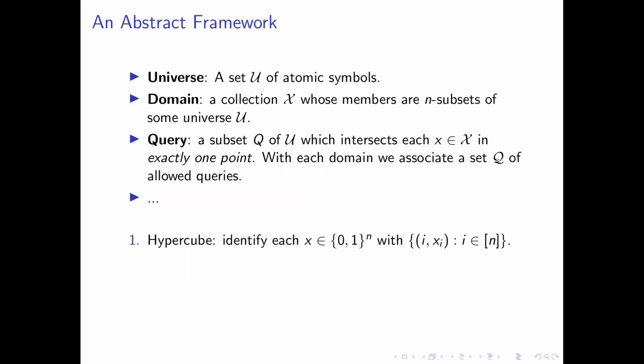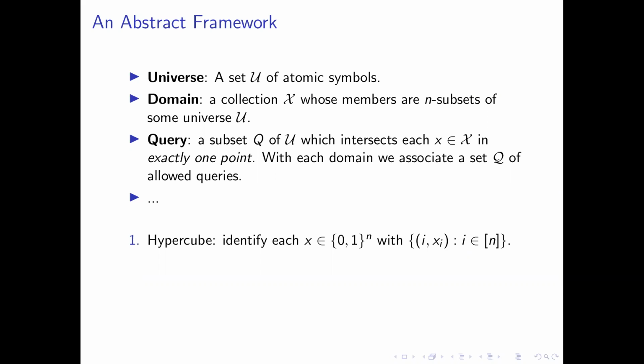There are a lot of parameters, but I think the most important ones are a universe, a domain, and a query. We have a set U, which we'll think of as atomic symbols. We have a collection X, and these X are subsets of some universe U.